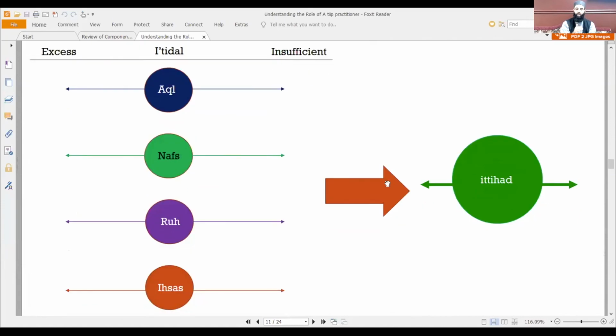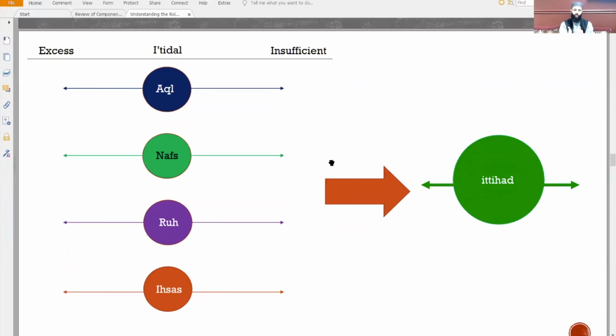I'tidal on aql, we have excess or insufficient, right? Excessive or insufficient amounts of things, right? Excessive rumination versus no rumination at all. Or we don't call it rumination typically when an individual is more cognitively aware or alert, right?